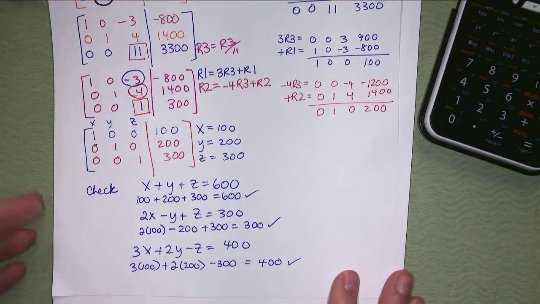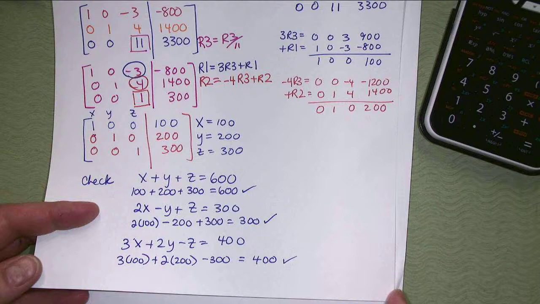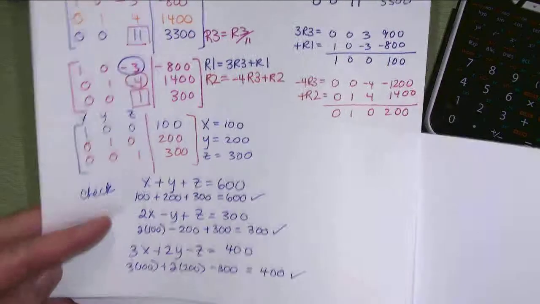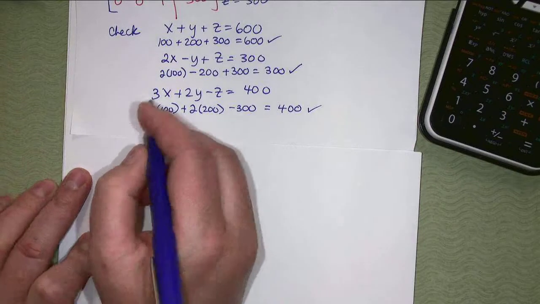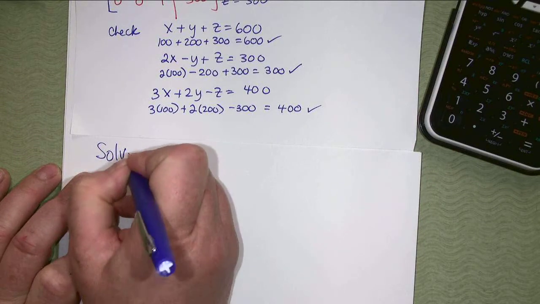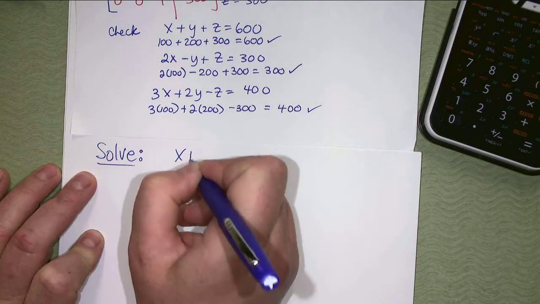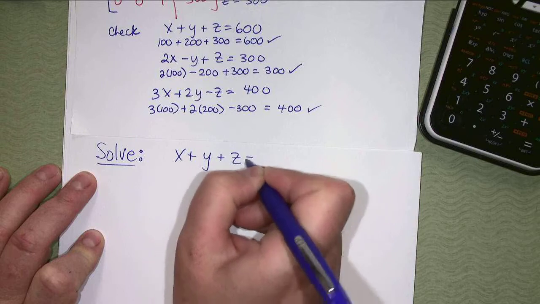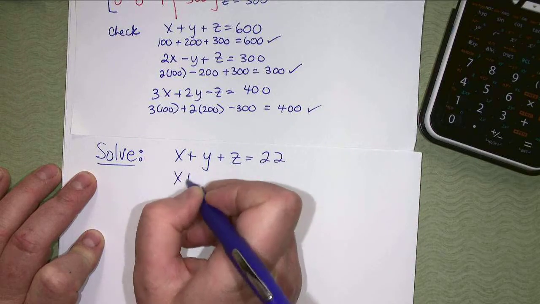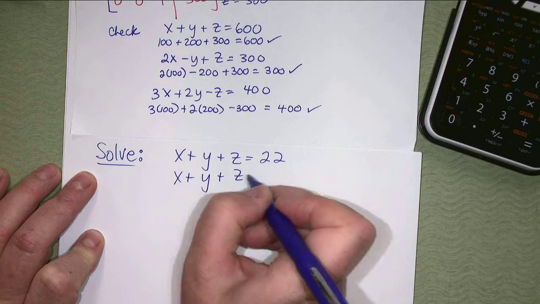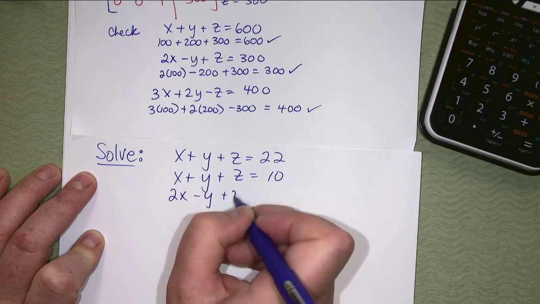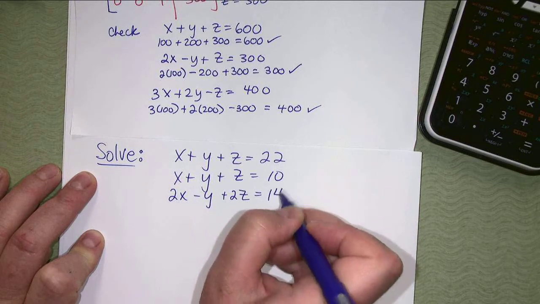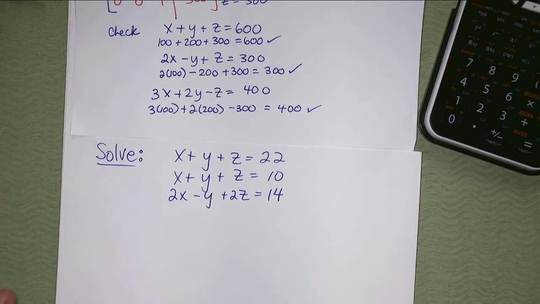Okay, so let's see what happens if there's no solution. Now, I've tried to make this one purposely obvious that there's no solution, because sometimes you can see there's no solution before you start.